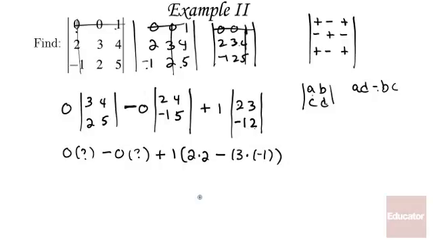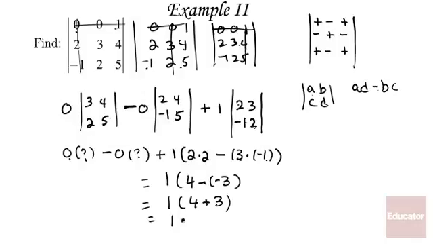The 0 terms drop out. All I'm working with is this: 1 times, 2 times 2 is 4, minus 3 times negative 1. That's negative 3, which equals 1 times 4. A negative gives me a positive. So that's 1 times 7, which equals 7.